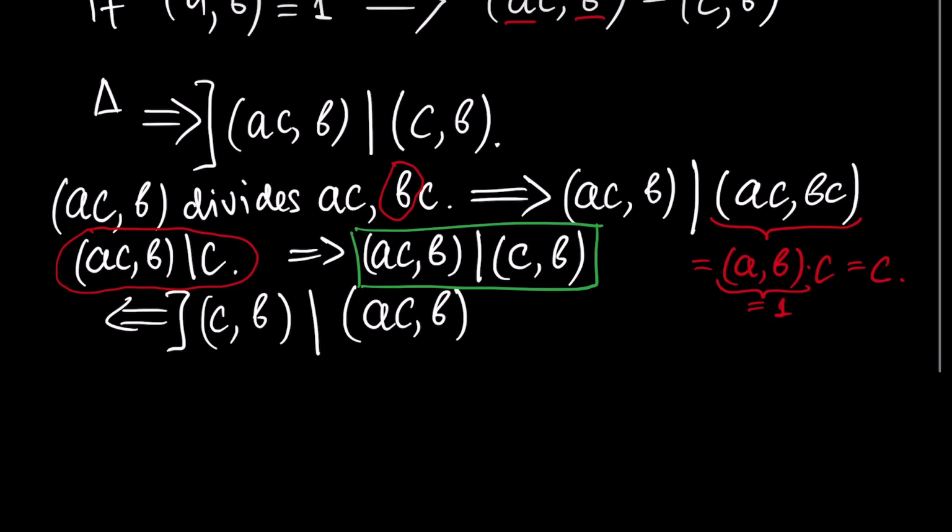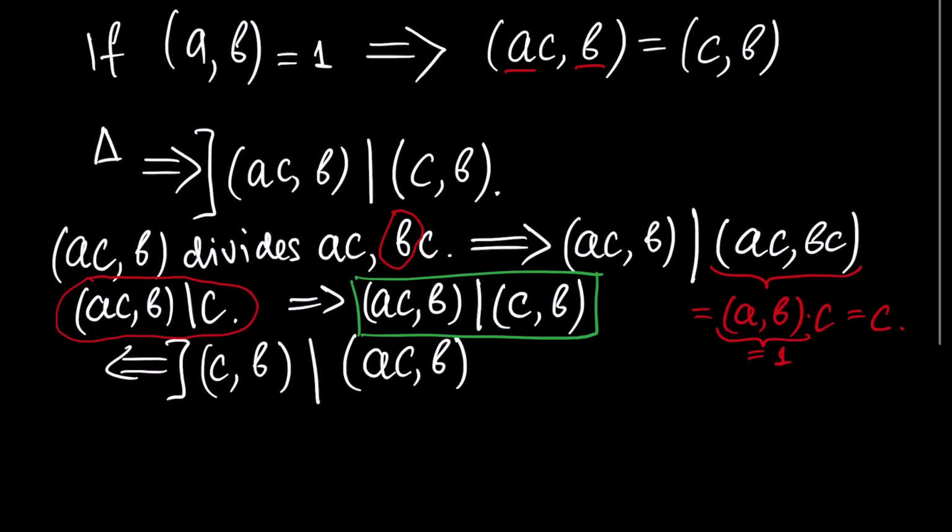Let's further prove the opposite result, that GCD of C and B divides GCD of AC and B. And in this case, these two numbers will be equal.